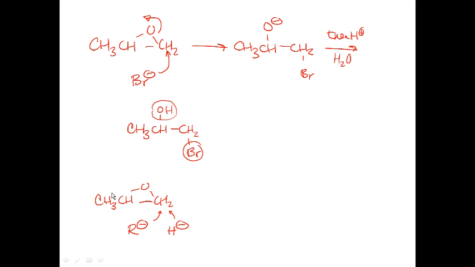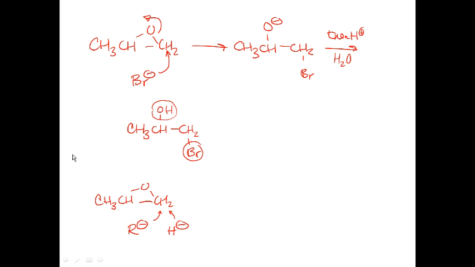There's no acid catalyzed equivalent of these, because if I added acid, it would protonate the R minus and not the epoxide. So there's no two different ways to do this reaction and add the R minus to the more substituted carbon. That reaction doesn't exist.